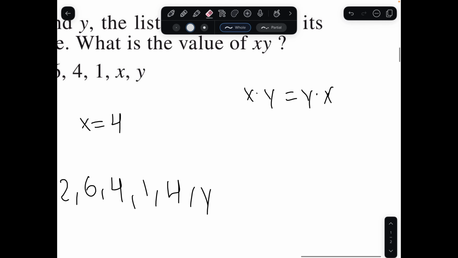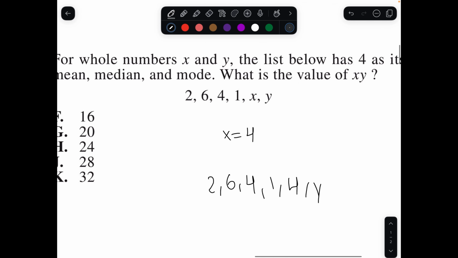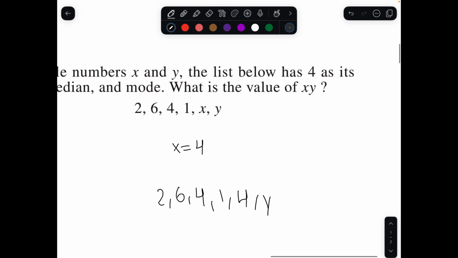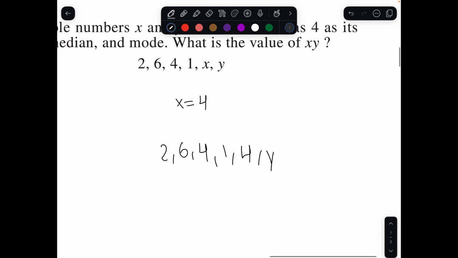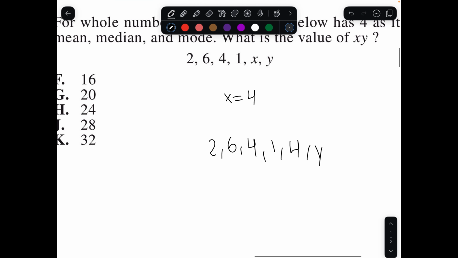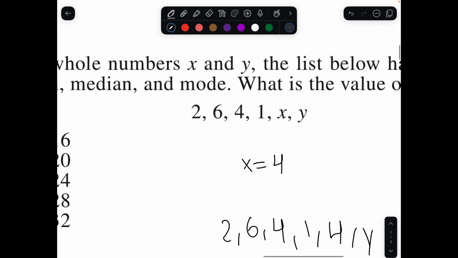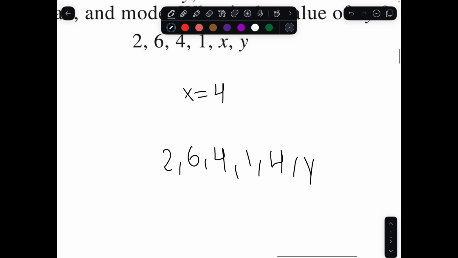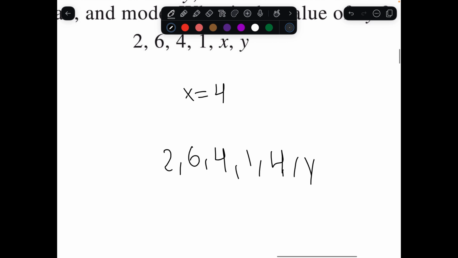So now let's solve for y. It says the list below has 4 as its mean, median, and mode. So we can actually solve for y using the mean. Remember, to find the mean, you add up everything in the list and you divide by the total numbers.